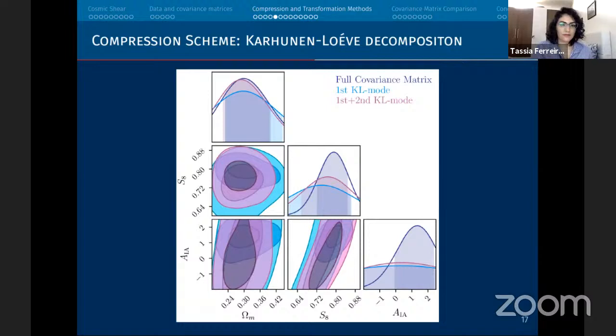If you look at the plot, David Alonso has a nice plot in his paper where he shows how the KL modes look. For the first one, it's a lot higher, and then even for the second one you start getting broader curves.